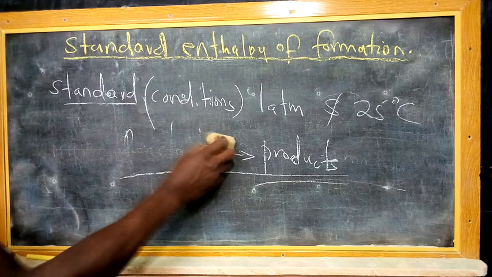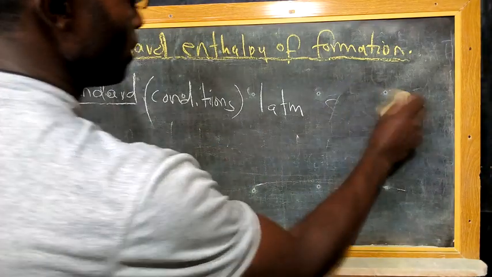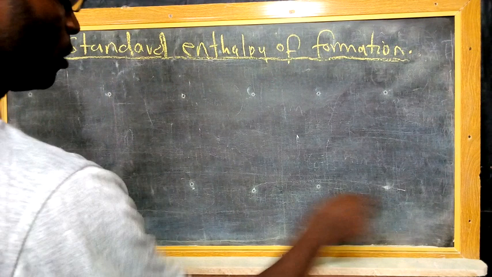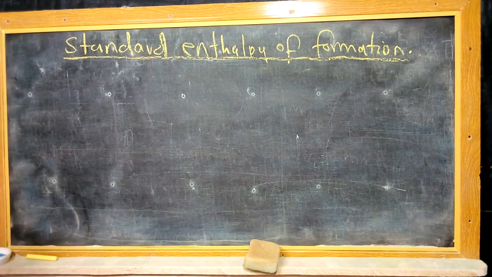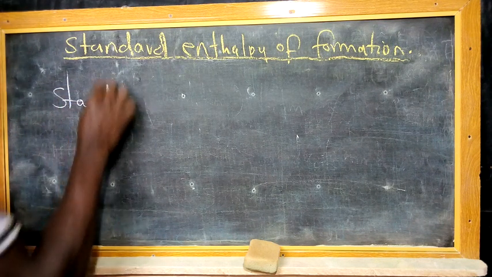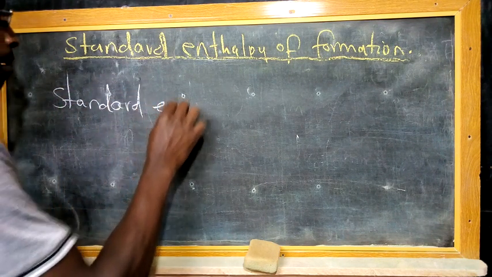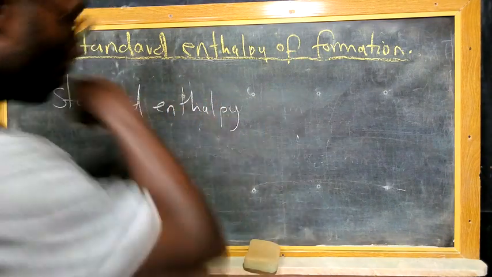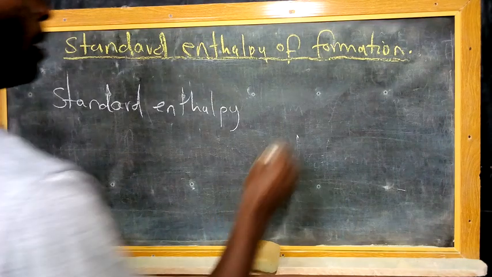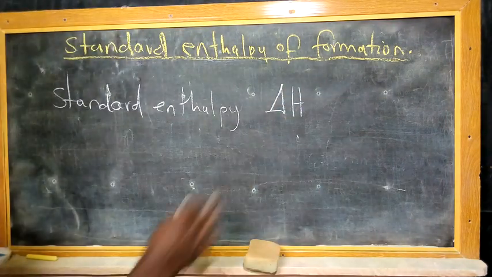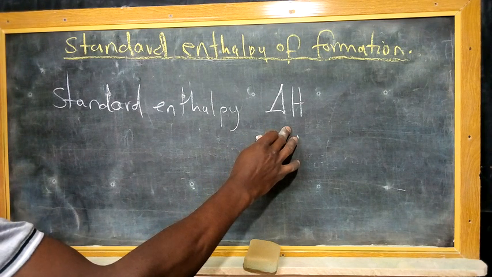So in trying to show this aspect of enthalpy, that it's occurring under the standard conditions, then we shall have the standard enthalpy of maybe formation, reaction, etc., demonstrated as, we said this is the change, delta H, change in enthalpy.